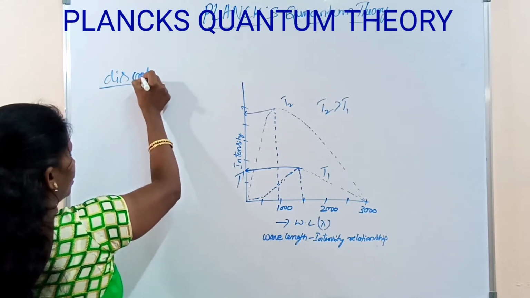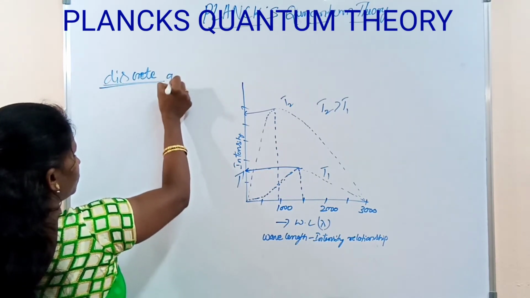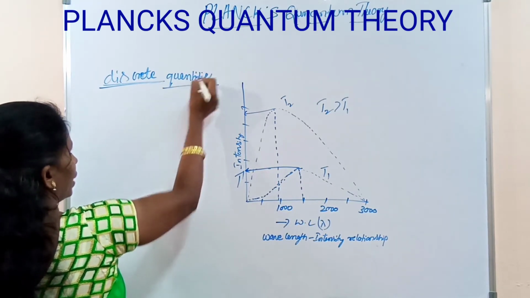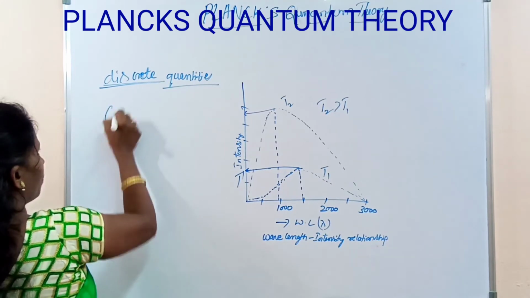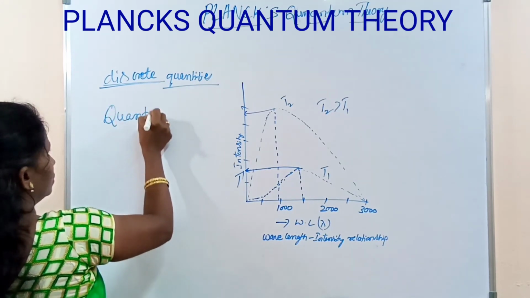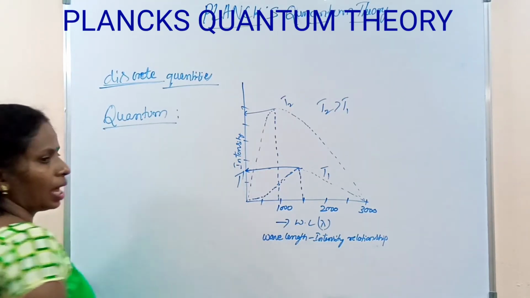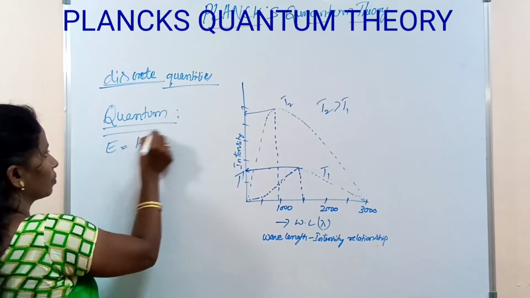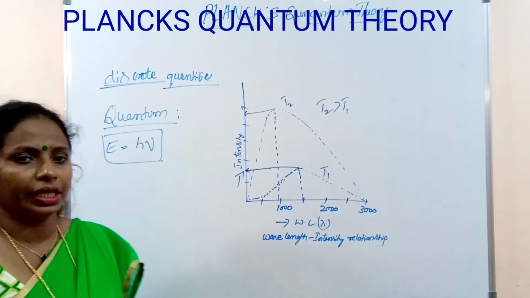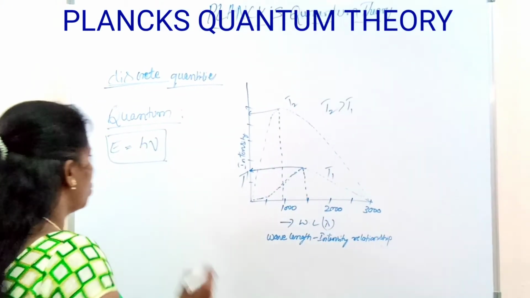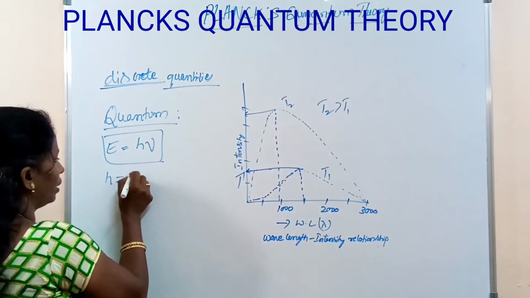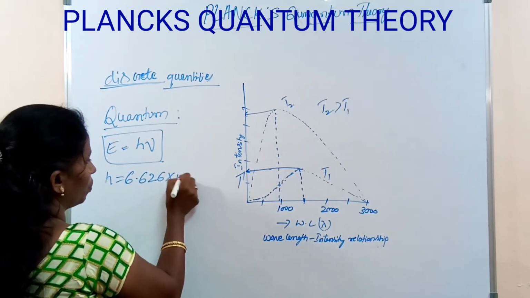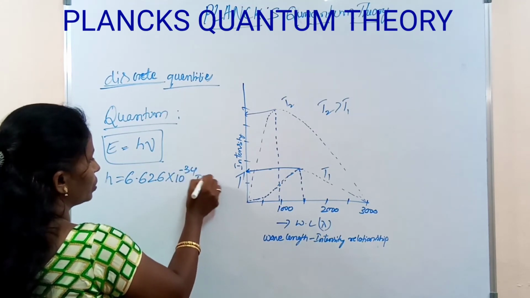Energy is emitted in discrete form, not continuously, in discrete quantities. He called these discrete quantities quanta. The energy of each quantum is given by E = hν, where h is the constant he calculated, 6.626 × 10^-34 joule second.